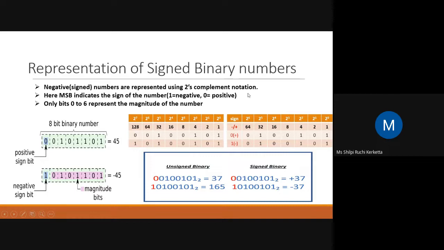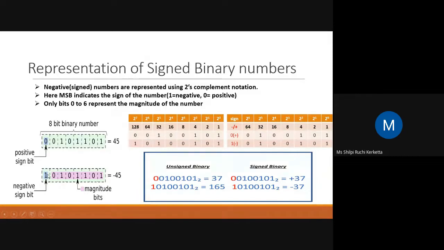Similarly, for plus 45, we represent it as 0 0 1 0 1 1 0 1. But for minus 45, these bits will be the same. Only because it is minus, we put a negative sign in the most significant bit. What is a negative sign? It is a 1, so we put a 1.